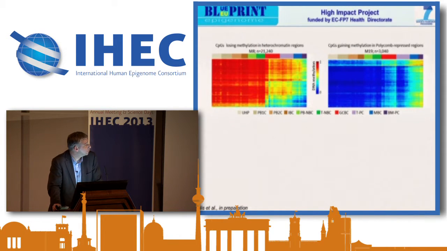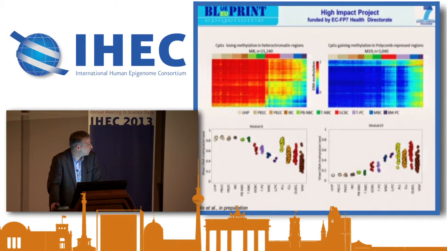And having a look into two of these modules, you can see that module 8 is indicative of losing methylation, and this is particularly affecting heterochromatic regions, whereas polycomb repressed regions gain methylation, and this particularly holds true in the germinal center reaction, so there seems to be a boost of polycomb methylation.